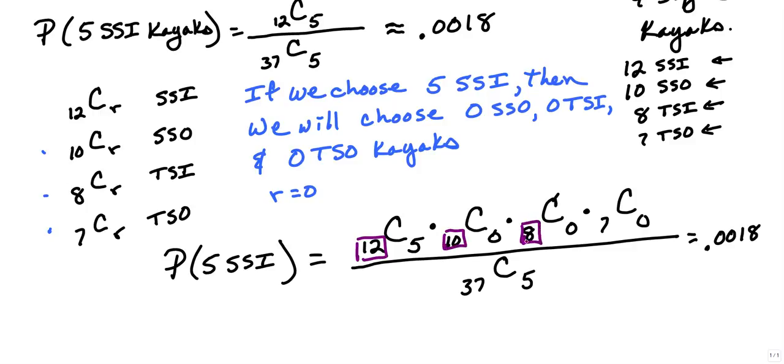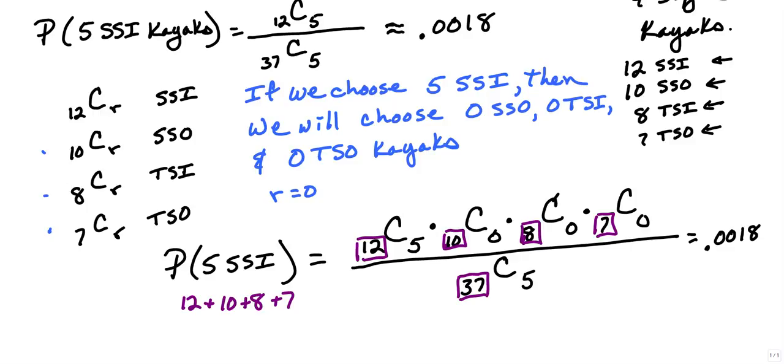The reason that I show this to you is because you'll notice that the numbers on the left of the C's, your N's in the numerator, if we add those together, will be equal to the N to the left of the C in the denominator.